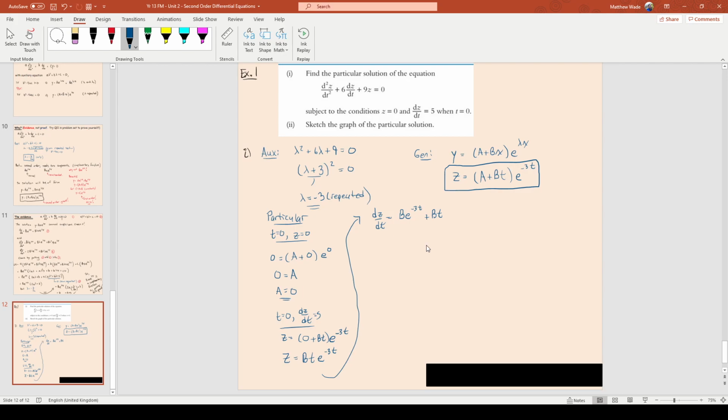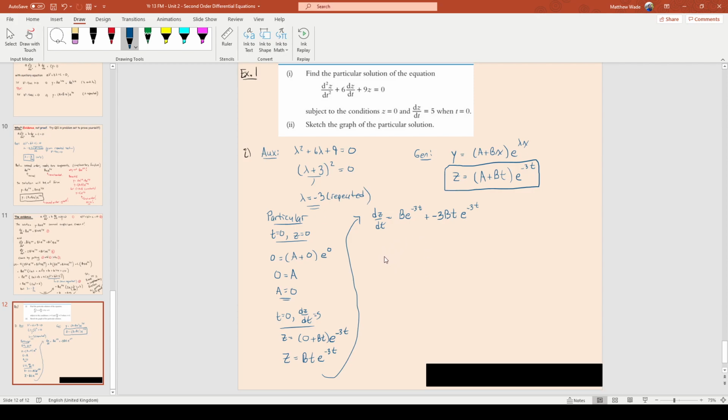I'm going to put it first as well. You guys are good, I can cut steps. I'm going to pull the minus 3 first, and it's going to be bt e to the minus 3t. In case you didn't see it, leave the first two, bt, and then the minus 3 comes down with the chain rule. I put it first rather than directly in front of the e to the minus 3t.